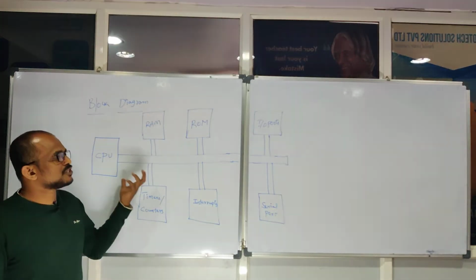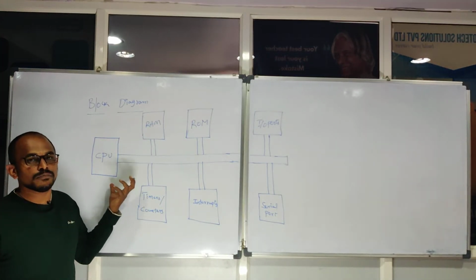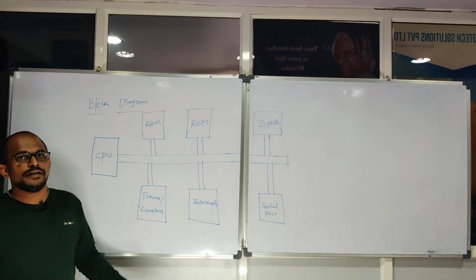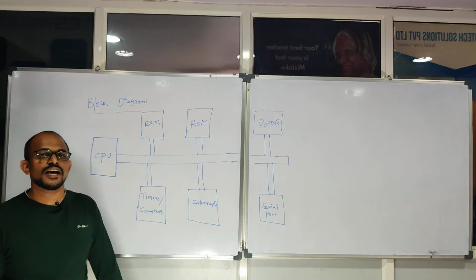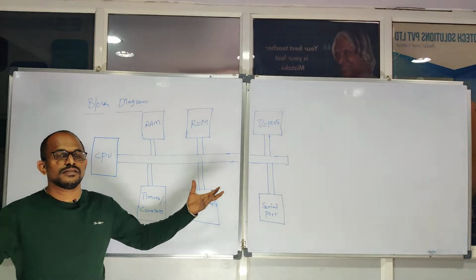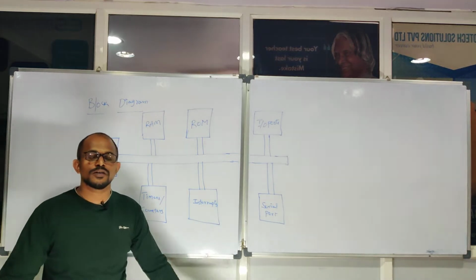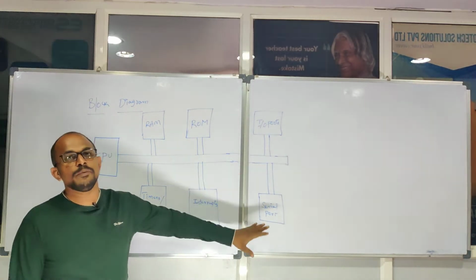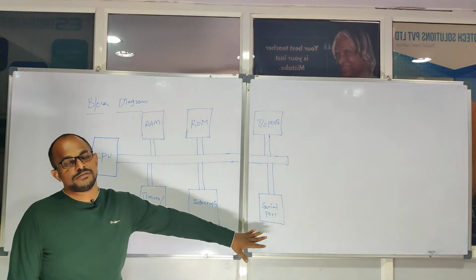From the 8051 microcontroller block diagram, I want to make clear the importance of each block. Always, a microcontroller is designed for applications only, not because this microcontroller is good or that microcontroller is good. Every microcontroller has its own limitations and its own features.